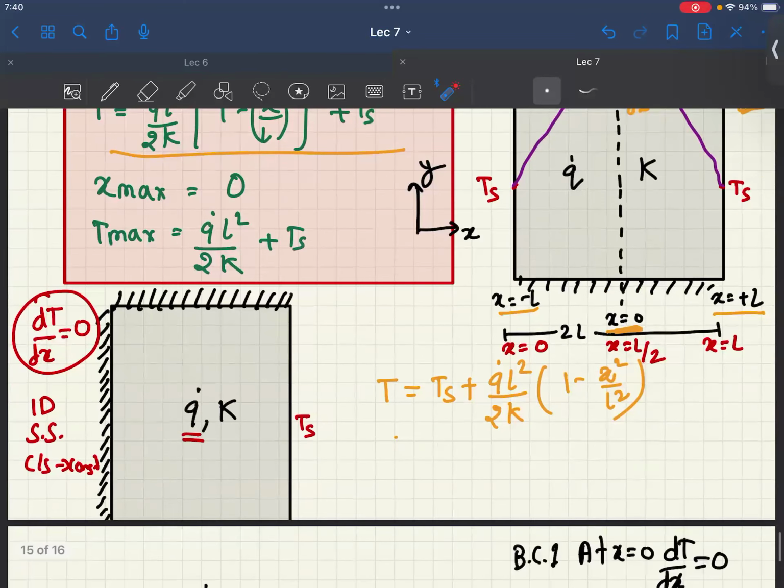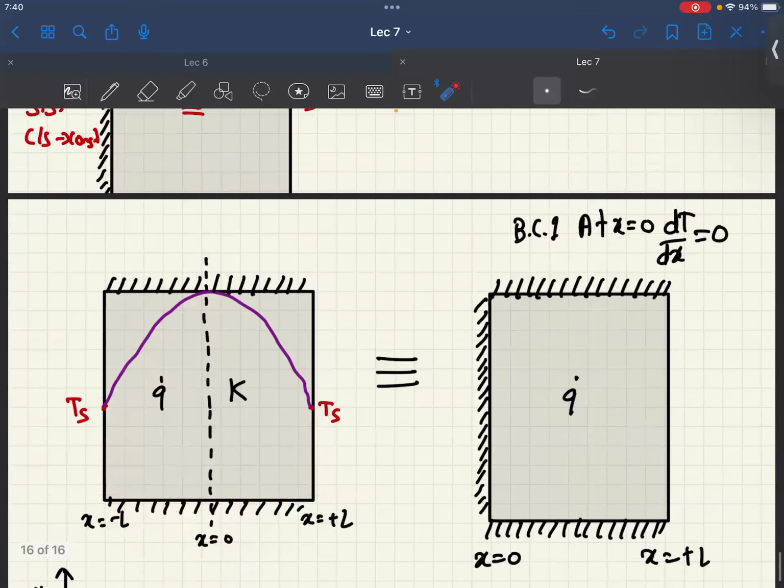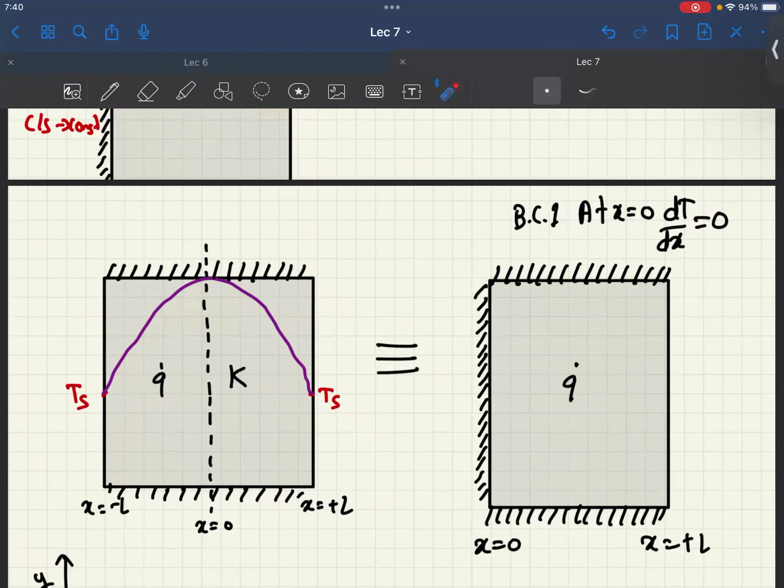So basically what we can say is, this problem with this coordinate axis is nothing but equal to this problem. So this is basically a sub-part of this problem. That is what I want to convey.